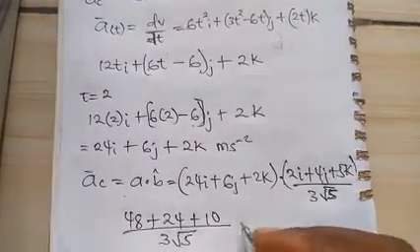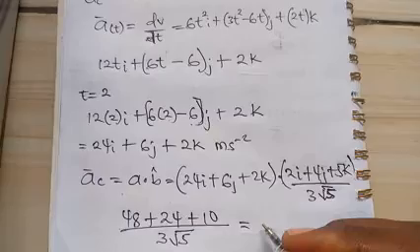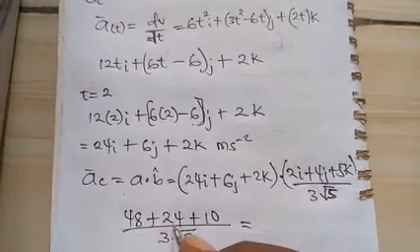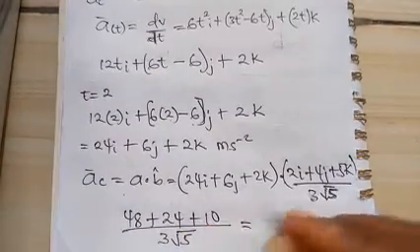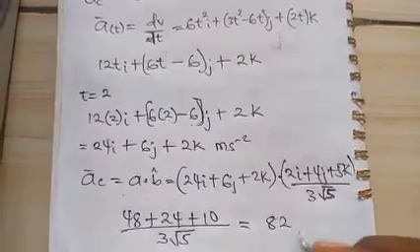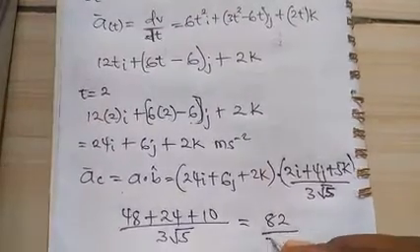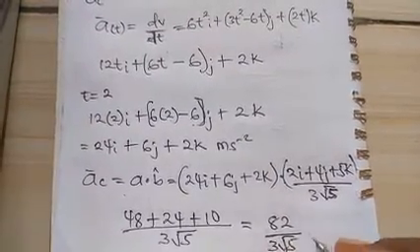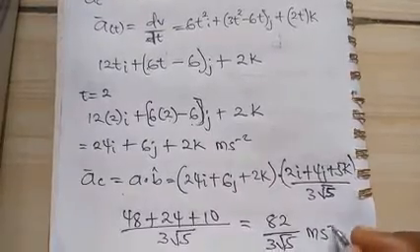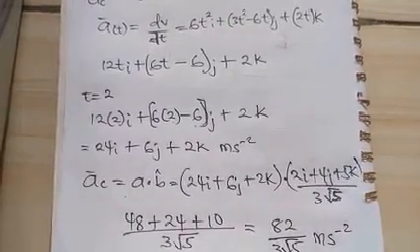If you add this, you're going to have that the acceleration component is 82 over 3 root 5 meters per second squared.